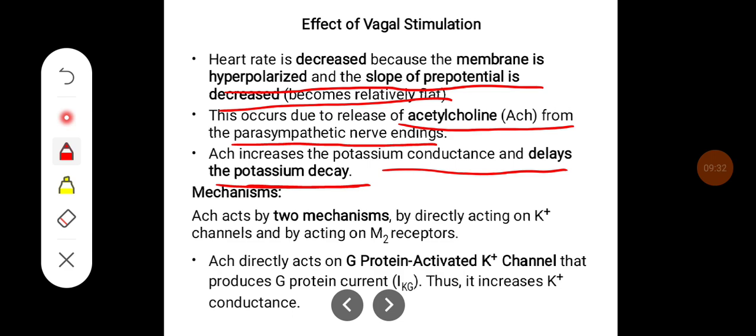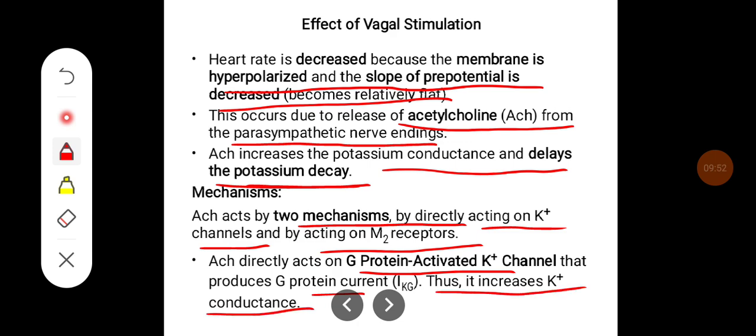So acetylcholine acts by two mechanisms here: by directly acting on the potassium channels and by acting on M2 receptors. Acetylcholine directly acts on the G protein activated potassium channel that produces the G protein current. So it increases the potassium conductance.